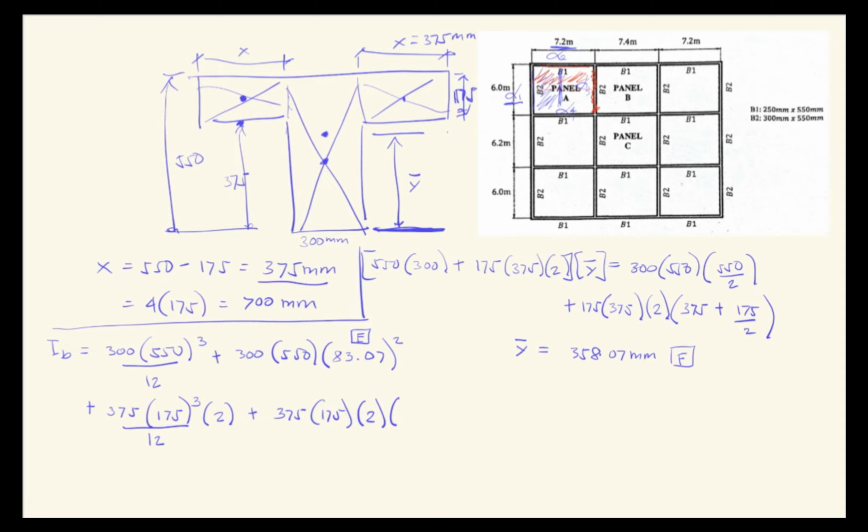So that would be 550 minus y bar, minus half of 175.